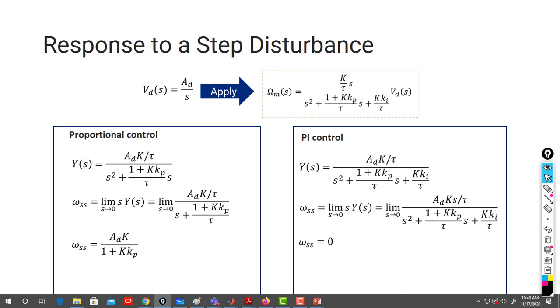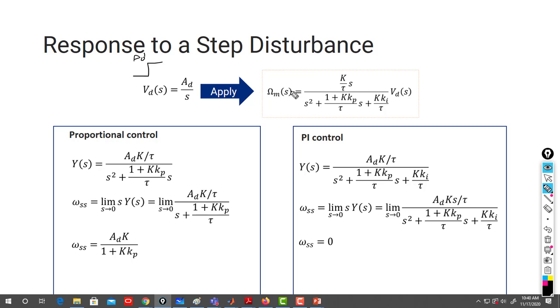And they said, what if my Vd is a step input? What if my Vd is a step input, not unit step input, a step input with an amplitude AD? Then you replace it here, so that's your omega. Okay, they call it y in previous slide.